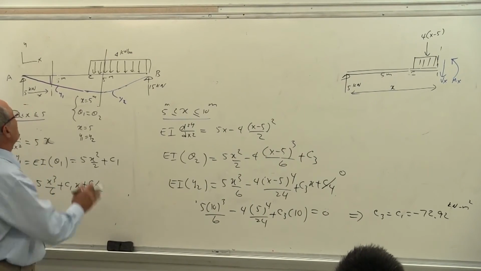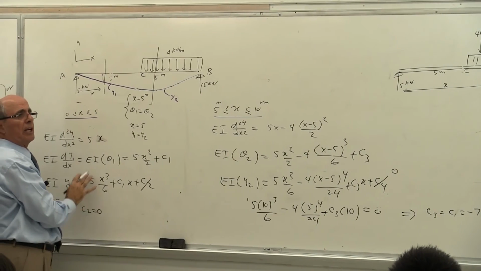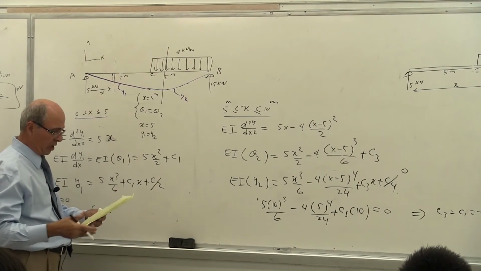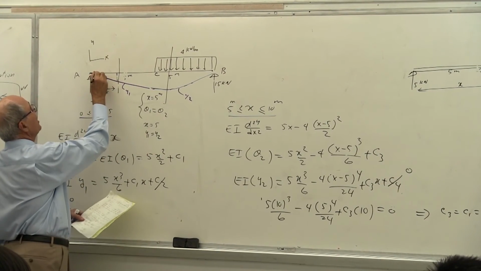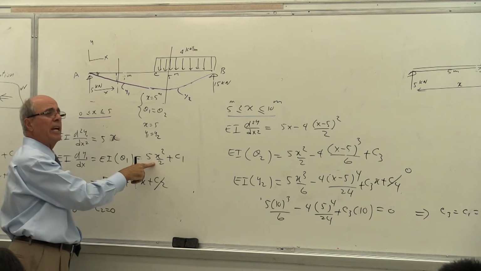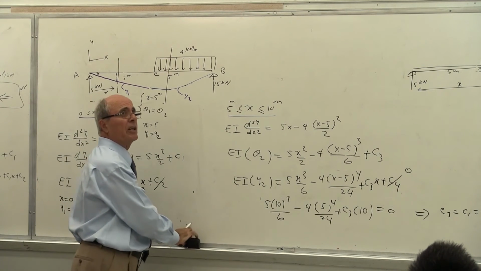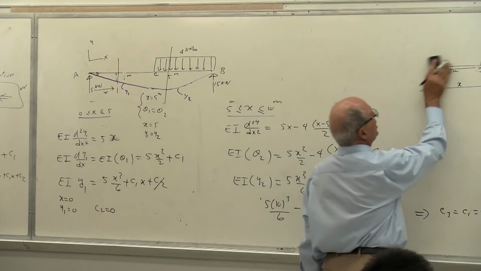Now, if somebody asks you what is the deflection here, you have to use this equation, yes or no? If they ask you what is theta A, actually I calculated. If I want to calculate theta A, I have to use this set. I have to put in this equation x equal to 0. Is that correct? Let's do that. Calculate theta A, guys. How do I calculate theta A?